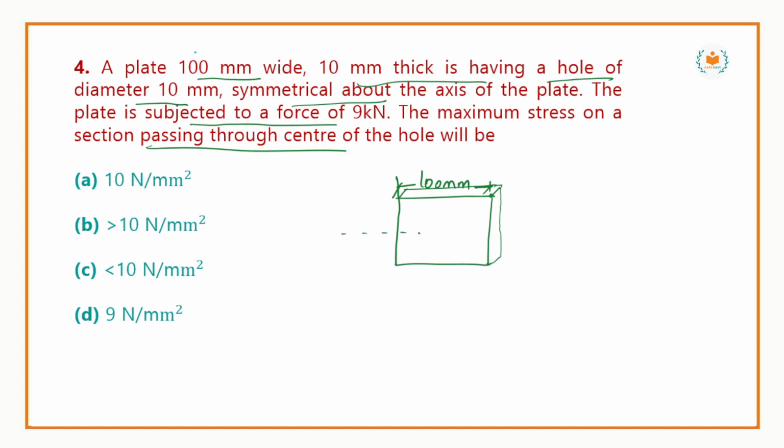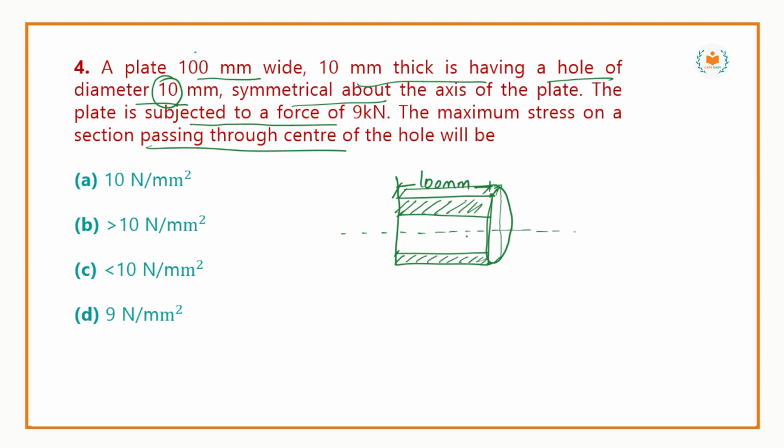Now this is the axis. Now let us assume that it is a circular plate, because they have given the diameter as 10 mm. Instead of taking it as a rectangular one, we have to take it as a circular plate. So the thickness what they have given, we have to measure the thickness like this. Here we will take the thickness and we will take the thickness here.